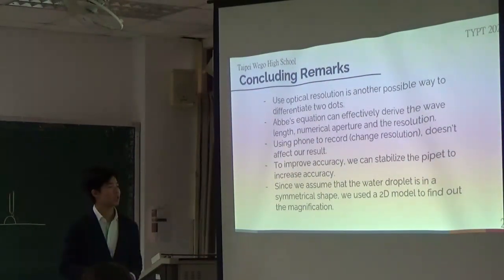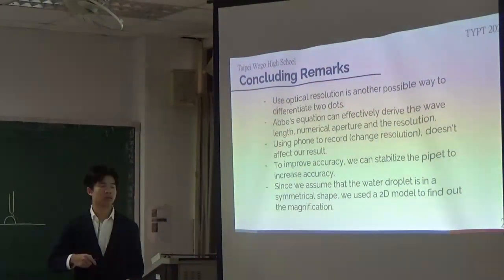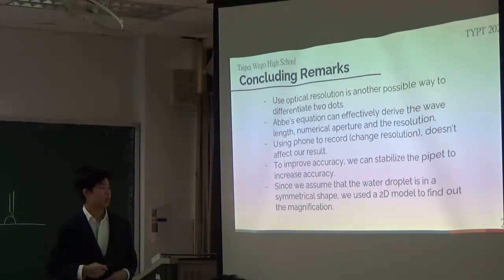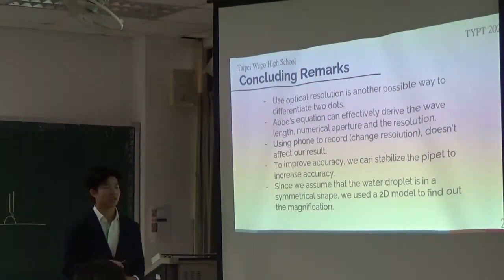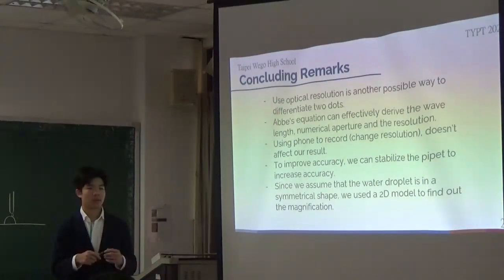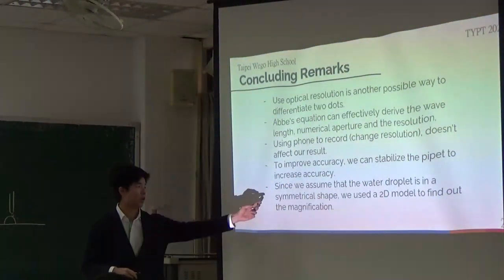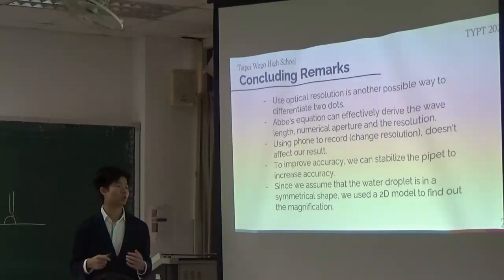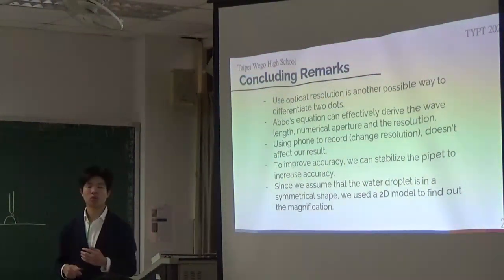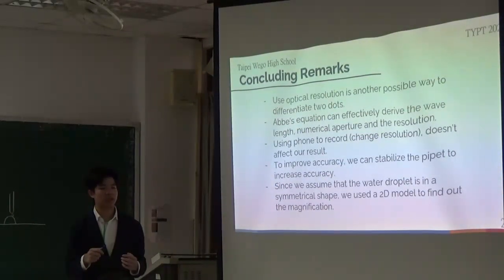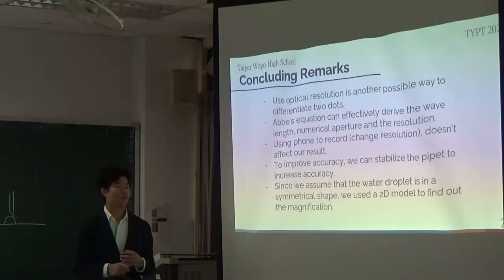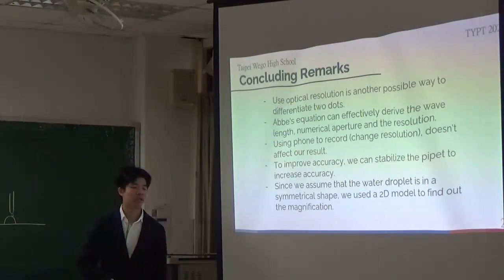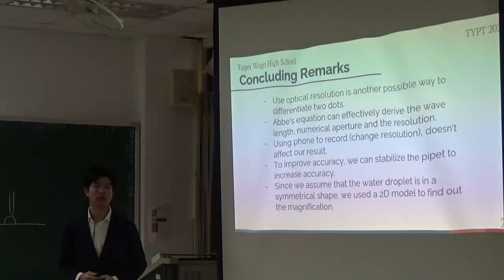And the reviewer asked us how the spherical shape differs, and we assume that the droplet is a symmetrical shape, so that we use a 2D model instead of a 3D model to fit our droplet curve. Then we can save a lot of calculation. And thank you.